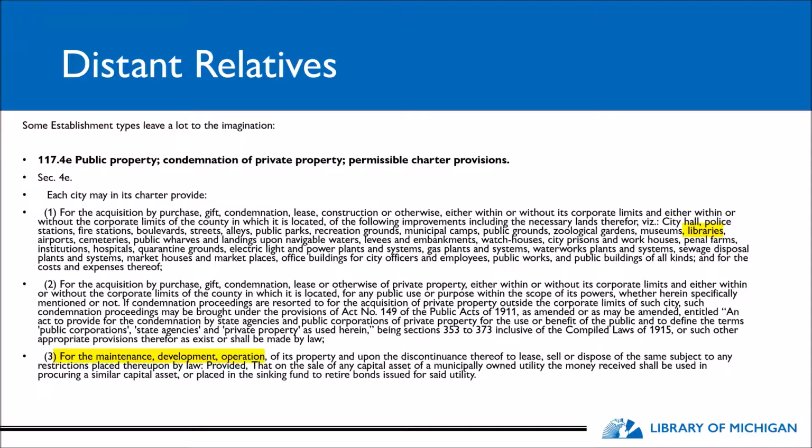Courts interpreted this provision to mean that the legislature was permitting home rule cities to actually establish and operate libraries. But there's nothing in here that discusses the authority, structure, or governance of that library. So it's pretty well established that when the city creates it, it becomes a city department instead of a more autonomous entity like most of the other library establishment types.